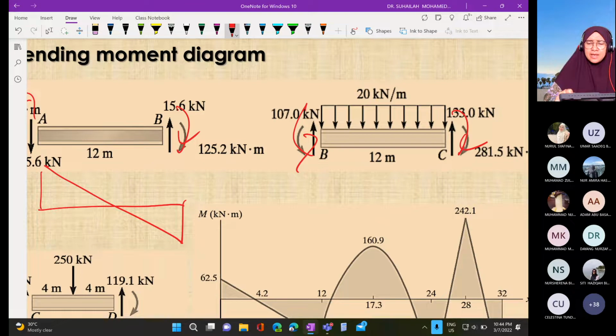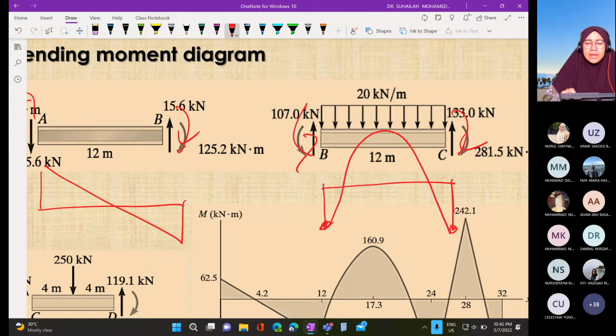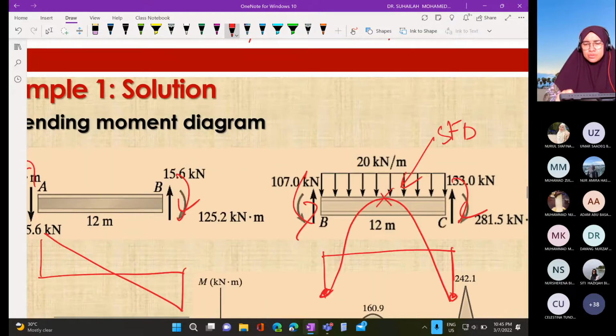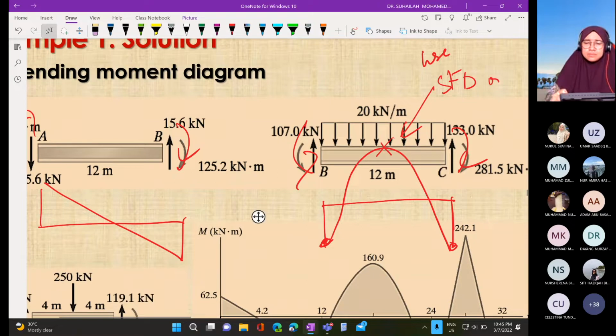And since it is UDL, so the moment that we get point like this, and it is curved. And this point can only be determined using shear force diagram only.